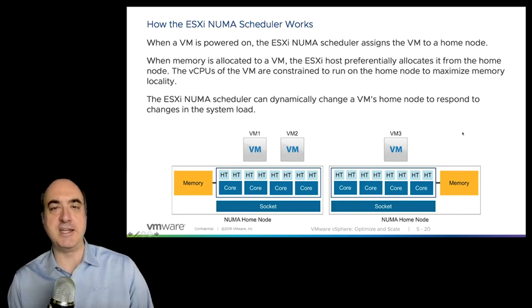The significance is that, to provide the best scheduling and memory access, for VM1 and VM2 their memory will be placed by the ESX server on the memory banks that belong to the NUMA node on the left, so those VMs will always have local access to their memory. And VM3, with its home NUMA node on the right, will have its memory placed in the memory banks on the right-hand side. So each VM will be assigned its own home NUMA node.